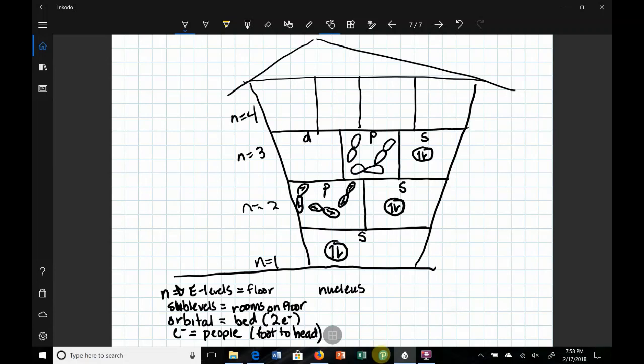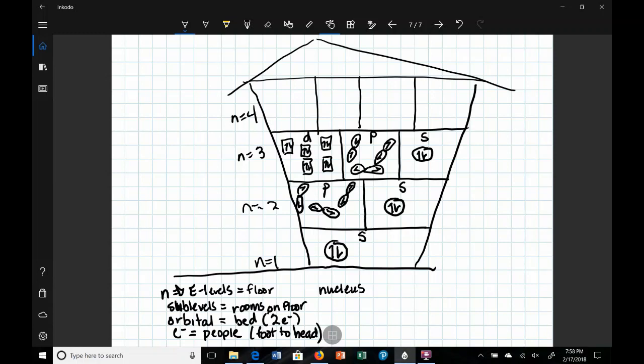And we've got d orbitals, and I'm just going to draw those as weird rectangles. And remember, for each orbital, you can put 2 electrons. Okay?